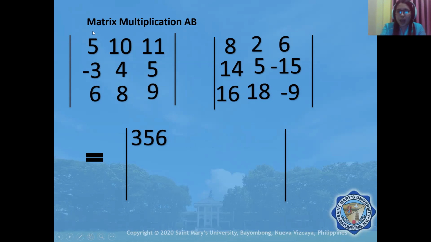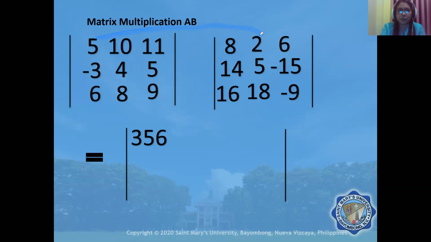So it is 5 times 2, 10 times 5, 11 times 18, and then add the products.